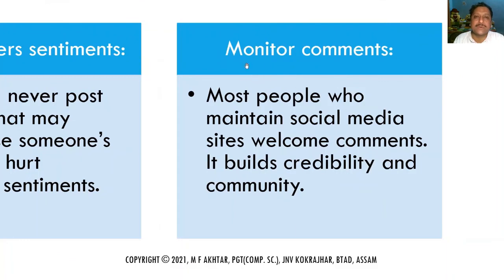Next, monitor comments. Most people who maintain social media sites welcome comments. It builds credibility and community. So always monitor comments and reply to them. If you don't have much time, one or two words is sufficient. It will satisfy your audience and friends.